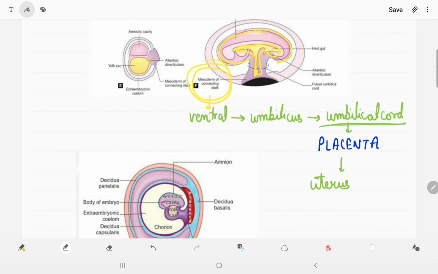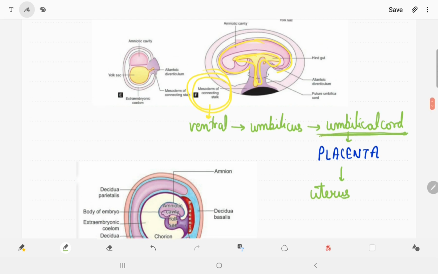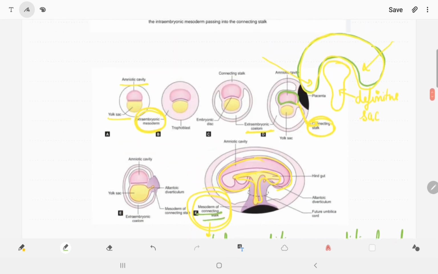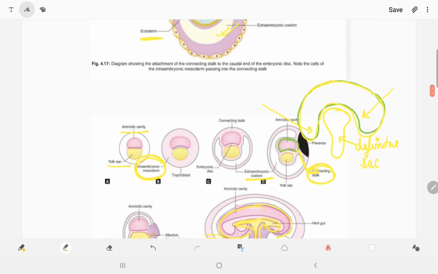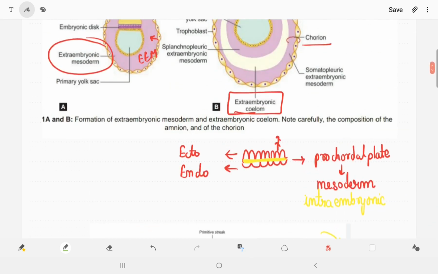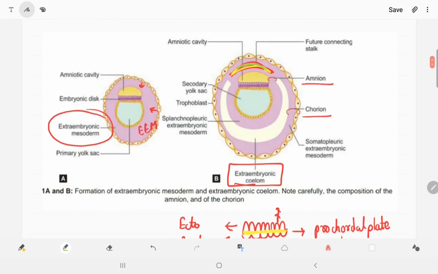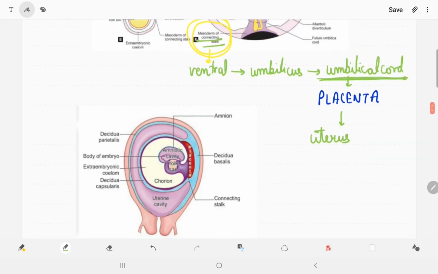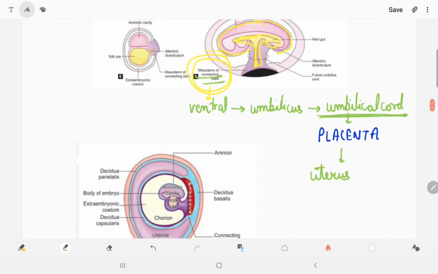Umbilical cord, if I ask you, it is a derivative of the connecting stalk, yes, and the connecting stalk is a derivative of what? It is a derivative of that retained extraembryonic mesoderm. Can you recall? Yes. So if someone asks you what is it a derivative of, it is a derivative of extraembryonic mesoderm. Now let's move further. Let's take it one step ahead.